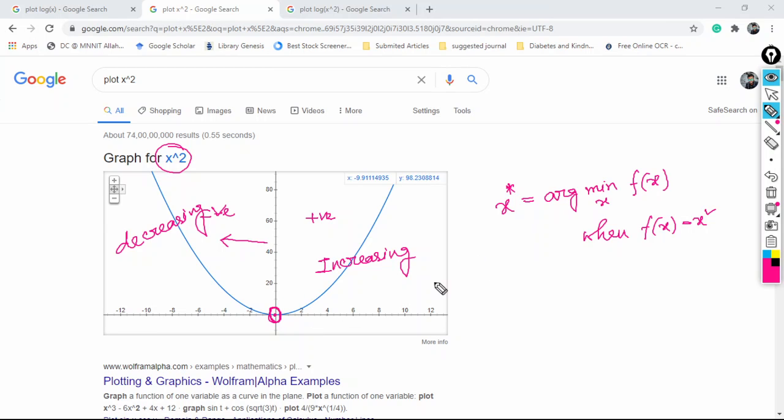Okay, so what is the minimum value here? x star here is equal to 0, and the functional value is also 0. The minimum functional value is 0. But we are not interested in the functional value, we are just interested in the argument value, at which our function attains its minimum. So our best optimal value, that is best x, is equal to x0.